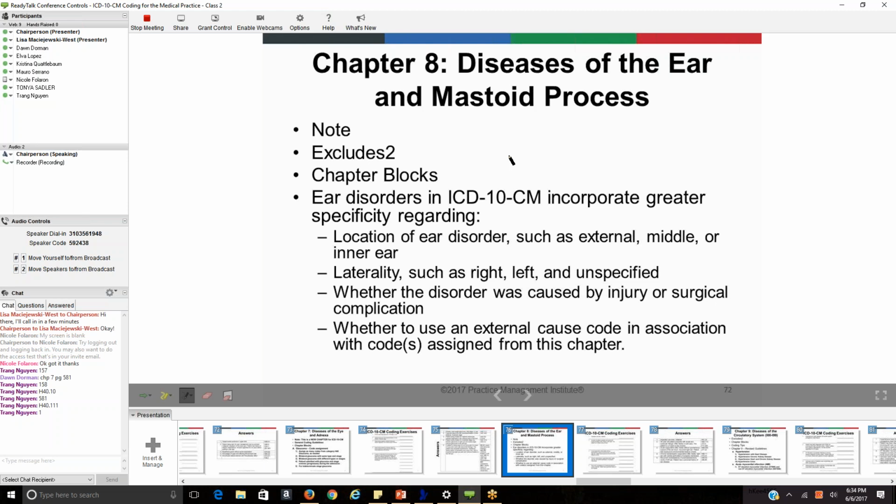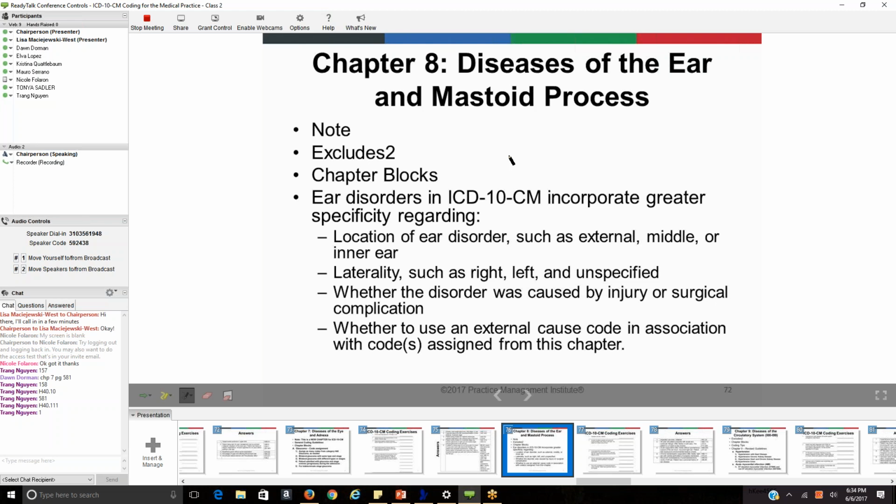You would then find that external cause and code it in pair with the ruptured eardrum. You also have the same Excludes2 notes that you had in Chapter 7. So there are conditions in other chapters that will also relate to conditions of the ear, and you can code them together when both are present.